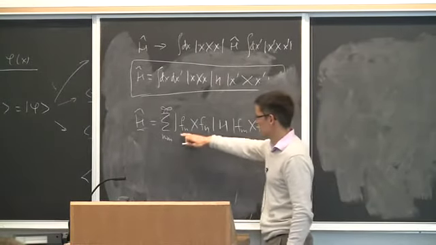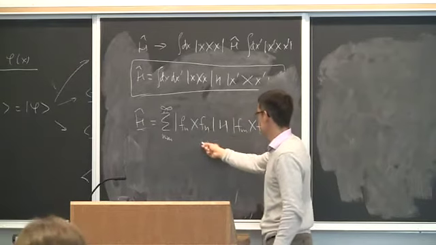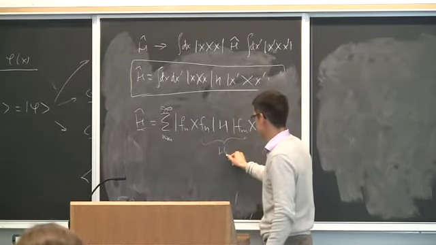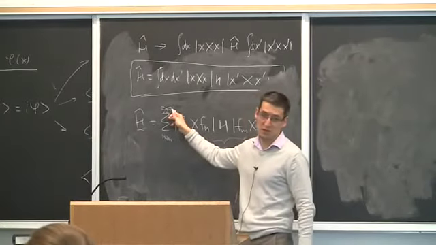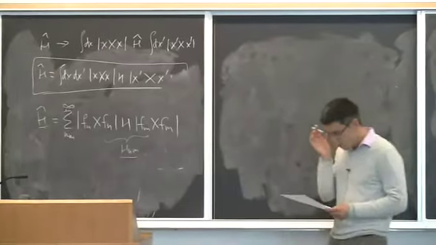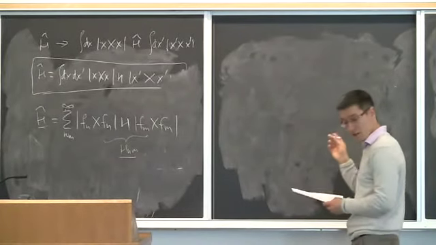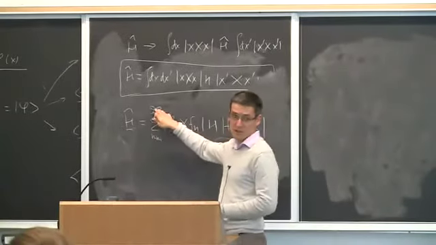Because once you set up your functions, this turns into the matrix, and it's a finite matrix if this sum is finite.